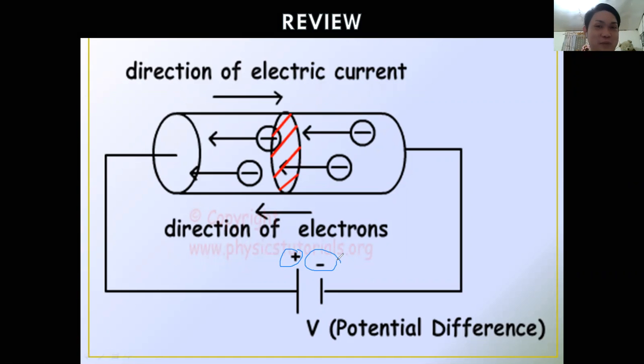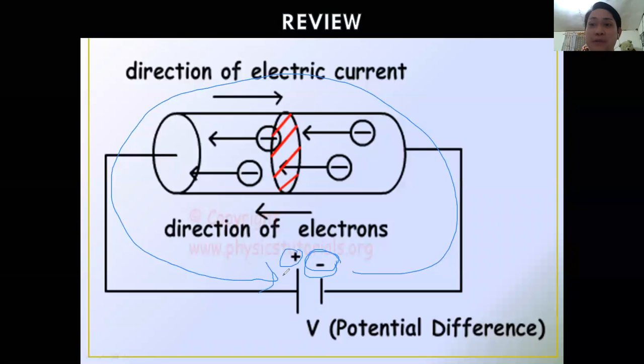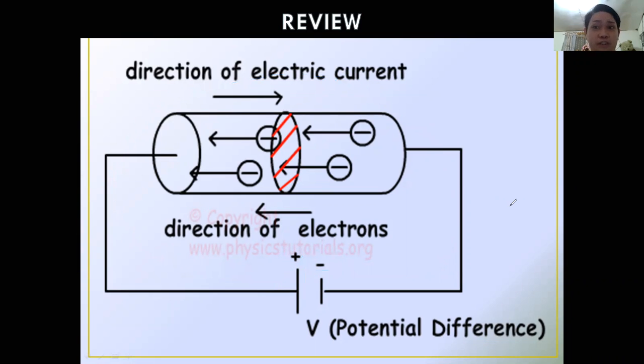Another thing that we mentioned last time is the direction of the electrons. We describe the direction of electrons from the negative going to the positive terminal of the battery. Again, the direction of the flow of the current is due to the influence of a force, which is called the force of attraction.